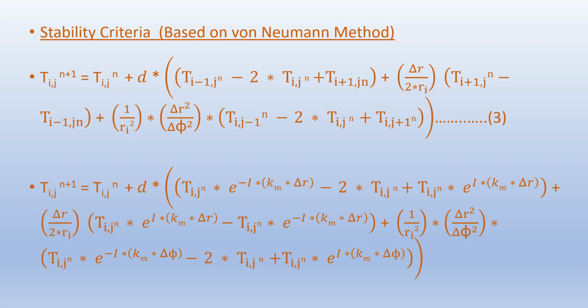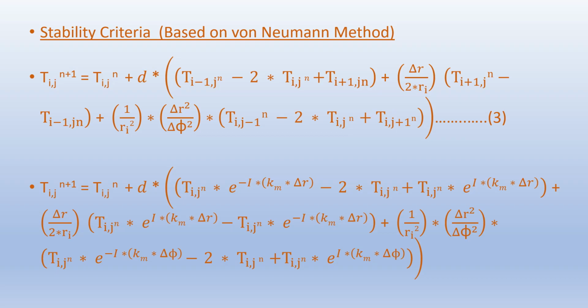So we have rewritten equation 3 here, and we are replacing T(i-1, j)^n, for example, with the previous relationship we obtained. So for example, T(i-1, j)^n equals T(i, j)^n times e^(-I km delta r).